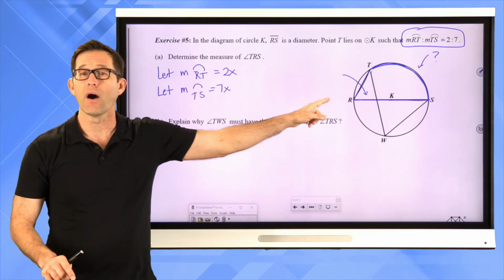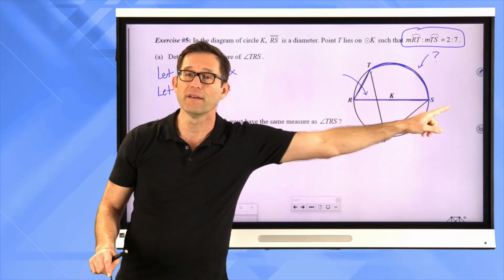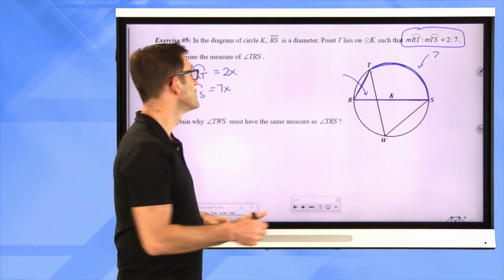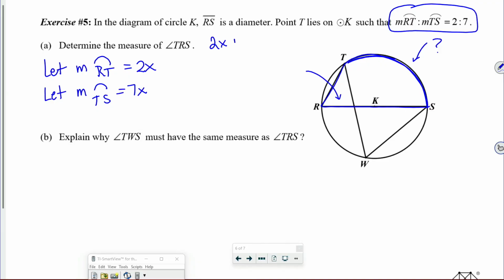Now, those two arcs, RT and TS, must add together to be 180 degrees. So I can now say 2x plus 7x is 180. 9x is 180. Divide both sides by 9, and x is 20.